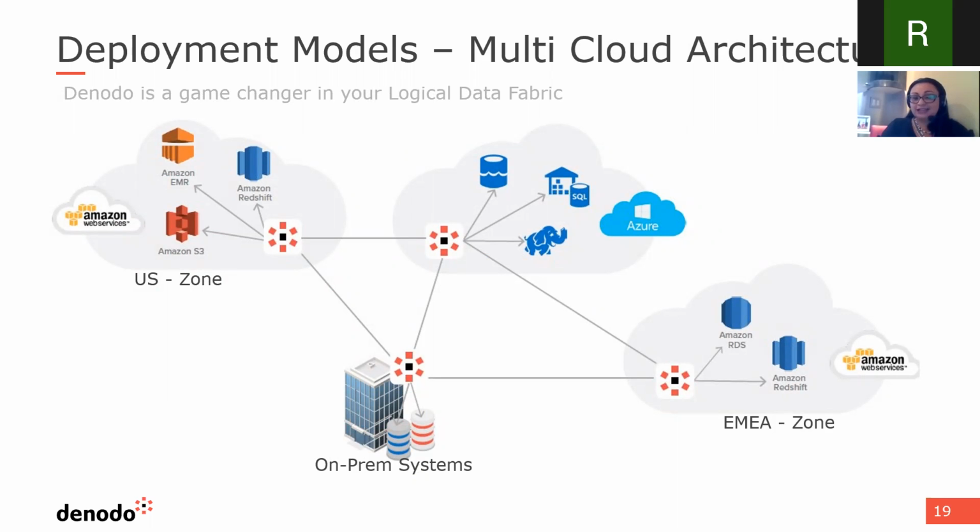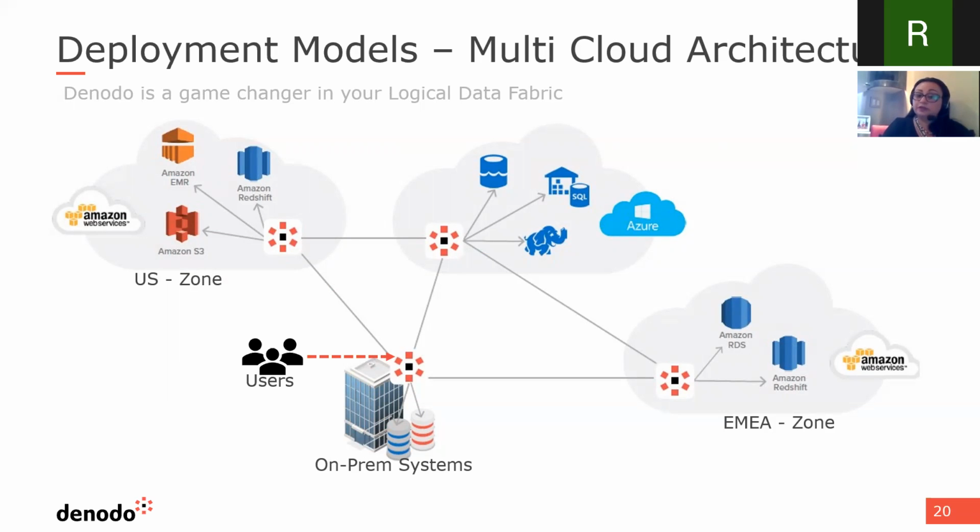The data access layer has to reside close to the data. So now, if I have users connecting to my Denodo instance running on-prem, if they want to get access to the information running locally, my local Denodo on-prem is going to query the information, is going to do all the optimizations, and it's going to get them the result.